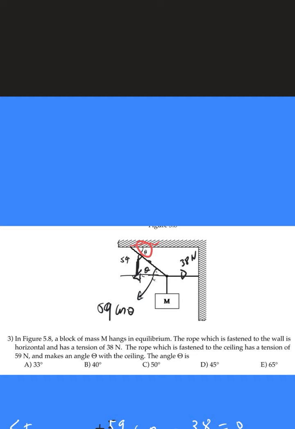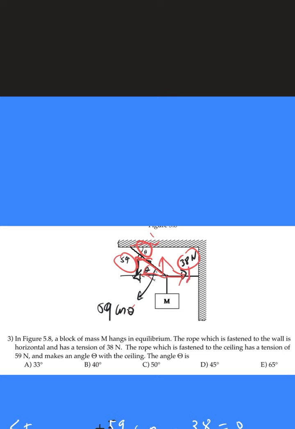So it's 59 newtons making that angle up top, right? So we have a force going that way, a force going this way, a force going up as well. And then we have the horizontal tension being 38 newtons, which is right in here.